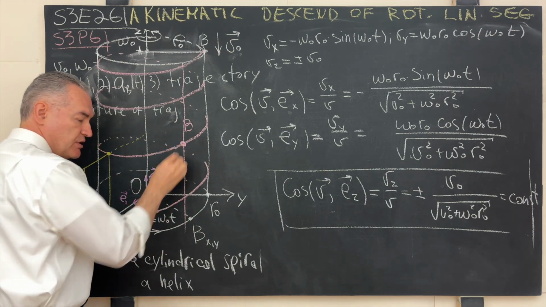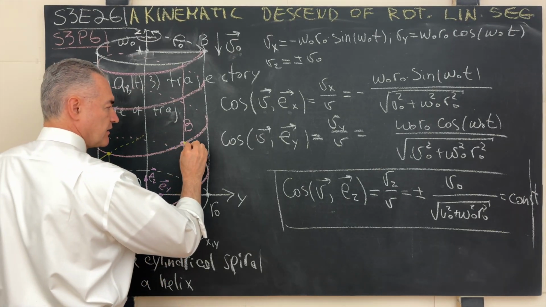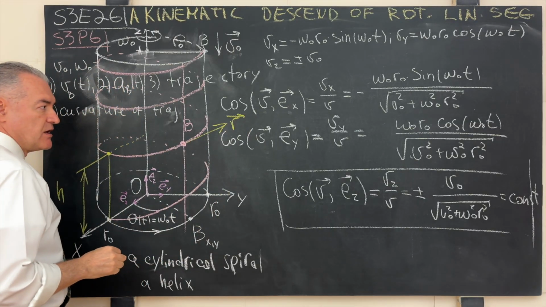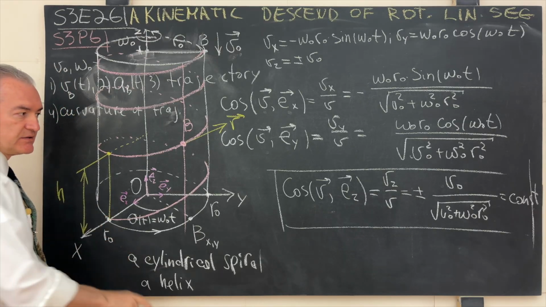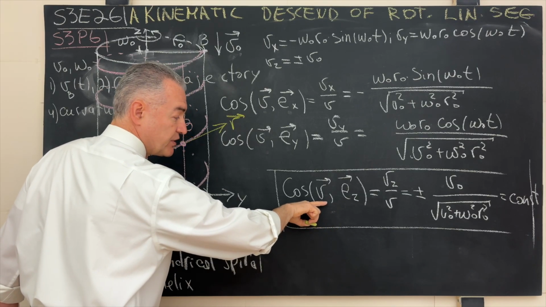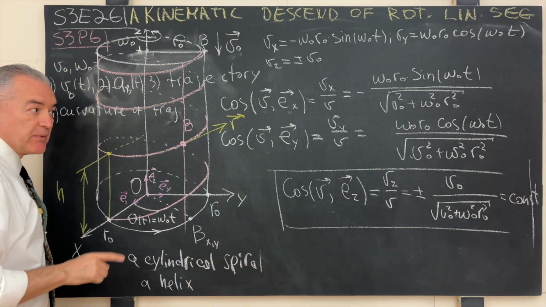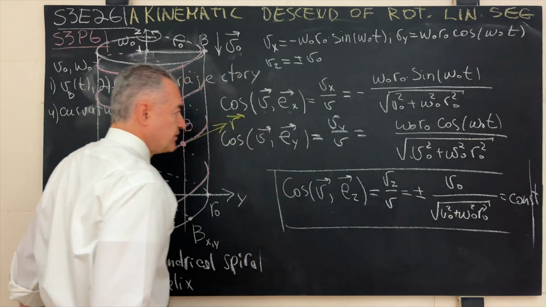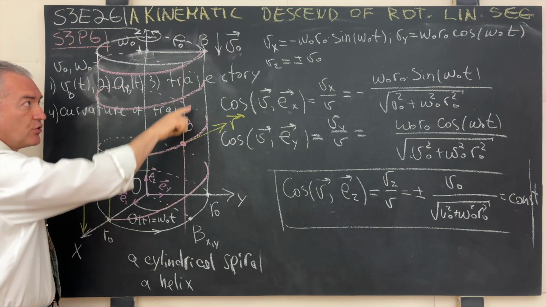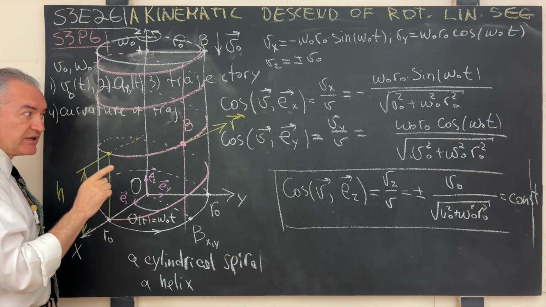So at this point, the velocity vector, let's use the green color over here, this will be the velocity vector V. And that means that this expression shows us that the angle between the velocity vector and the z-axis remains constant, does not vary. It means that our point B intersects each and every generatrix of the parent right circular cylinder at the constant angle, one and the same angle.